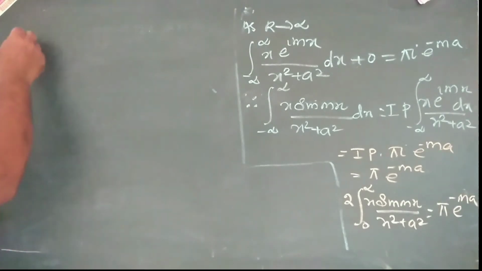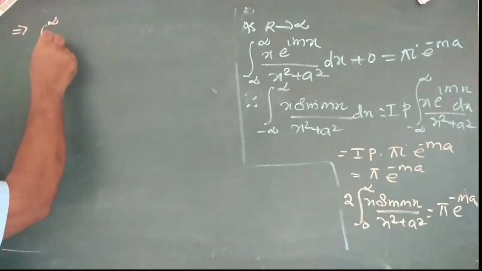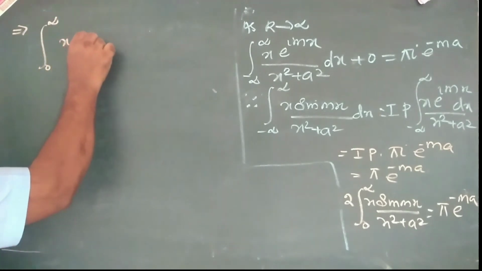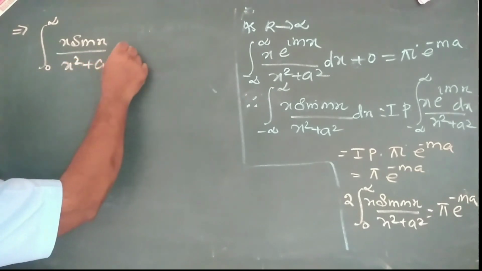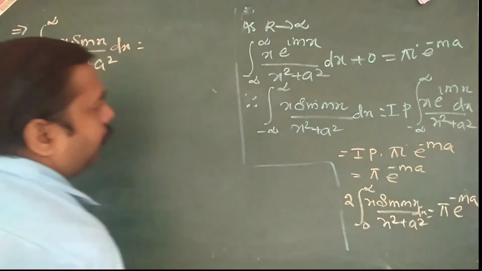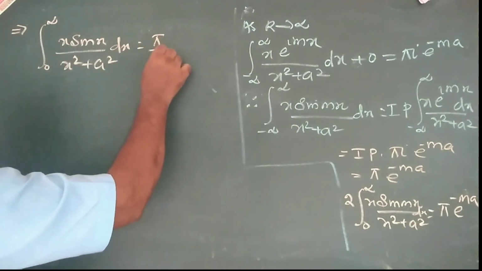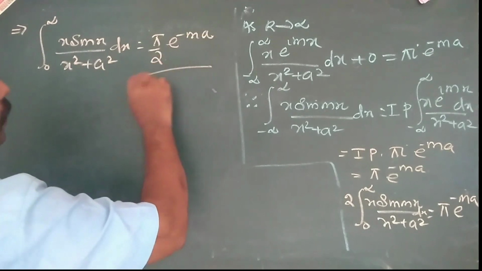That implies the integral from 0 to infinity of x sin mx by x square plus a square dx is equal to pi by 2 e raised to minus ma. So this is the answer.